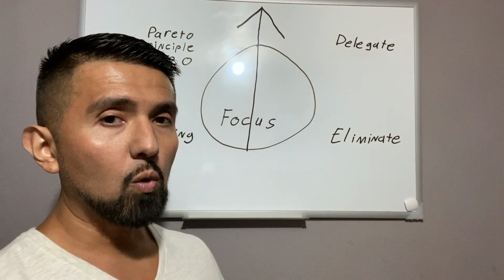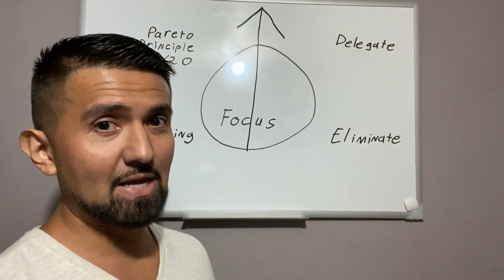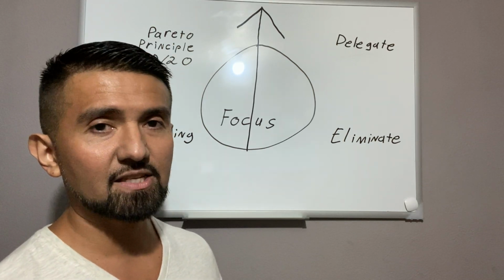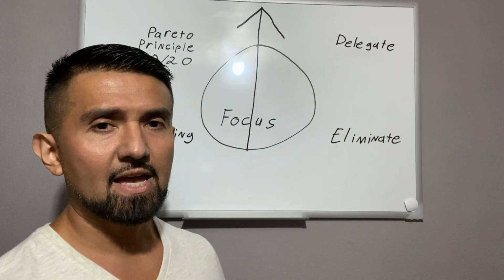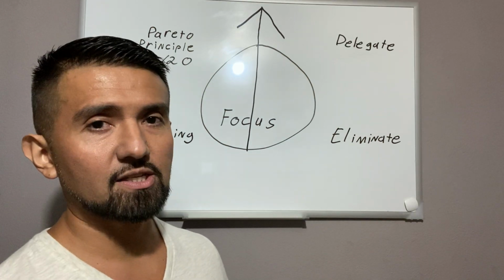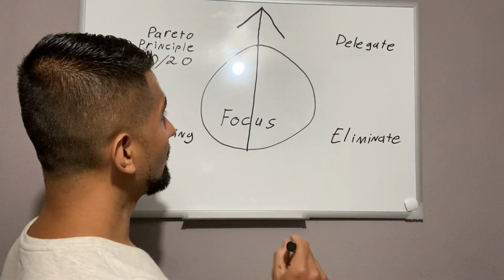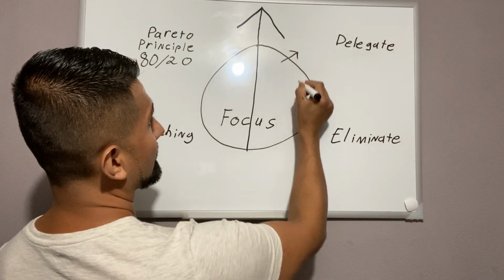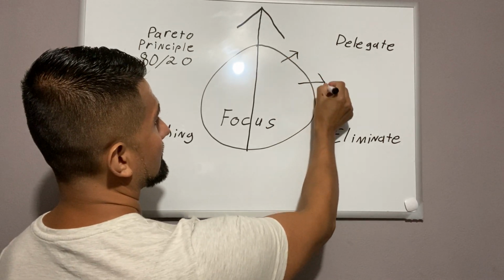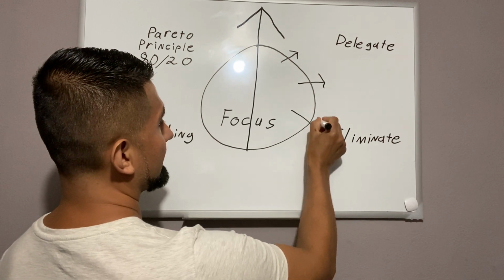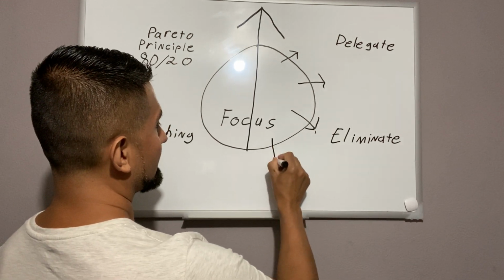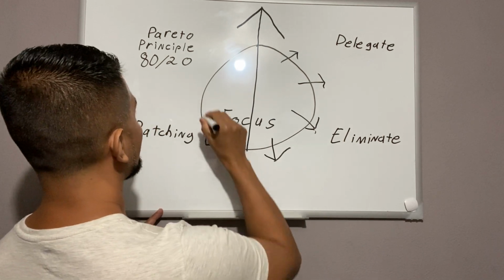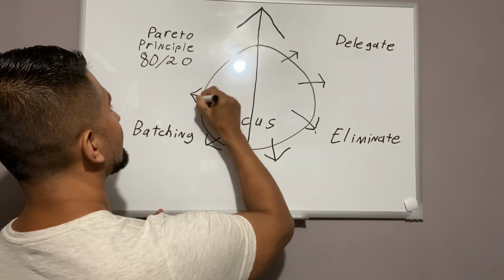But what begins to happen, as I mentioned, in today's fast-paced world with demands, responsibilities, and straight up distractions as well, is our focus starts going like this. We basically begin to open up different tabs, kind of like your computer.